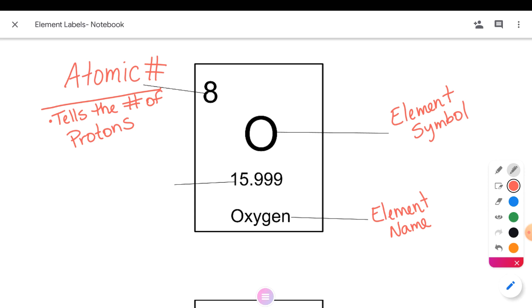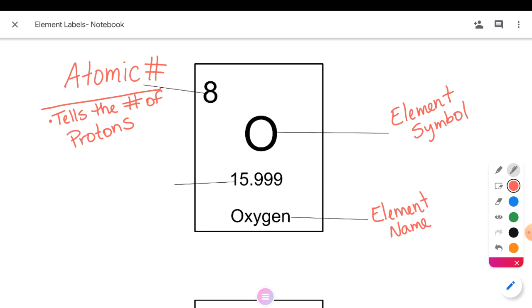Now, yesterday, what did we learn about protons and electrons? There's a relationship between the two. Haley? They're both located in the nucleus. Not electrons. Electrons are on the rings.